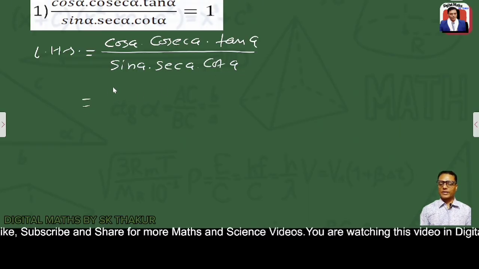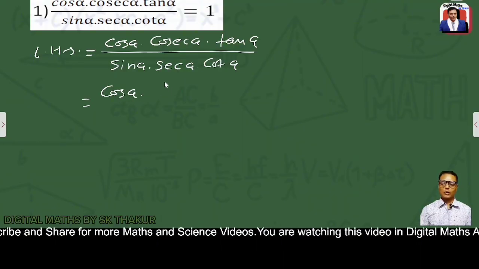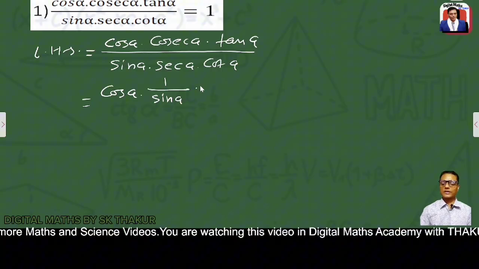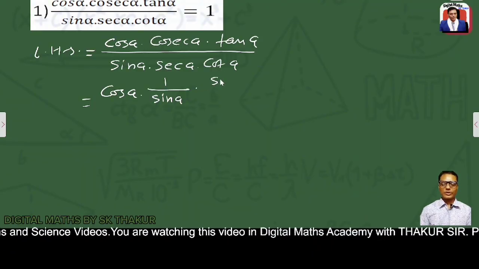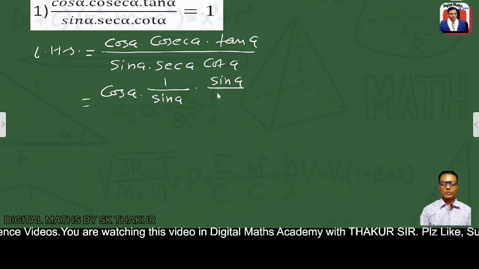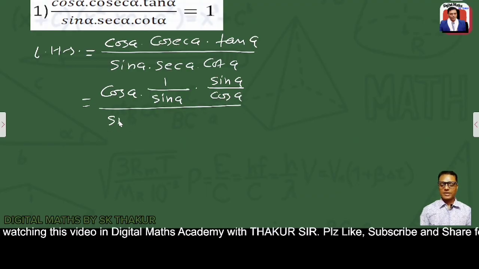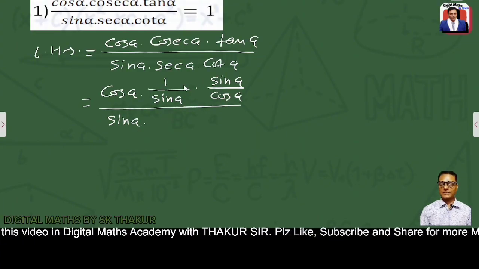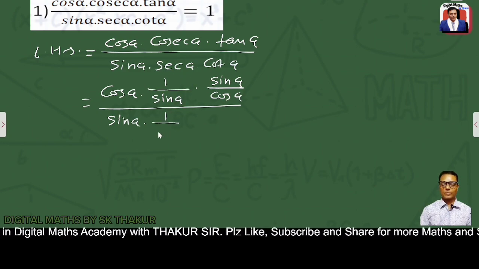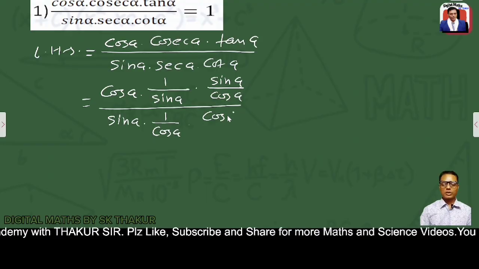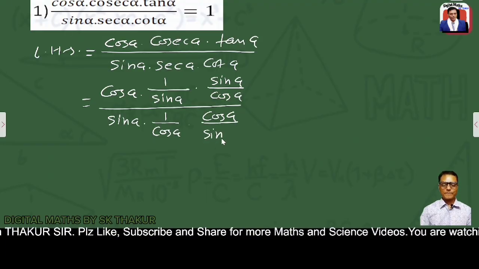Now we write cos alpha as it is, and cosec alpha we can write as 1 by sin alpha, because sin and cosec are reverses of each other. Tan alpha we can write as sin alpha over cos alpha, and at the denominator sin alpha as it is, sec alpha we can write as 1 by cos alpha, and cot alpha as cos alpha by sin alpha.